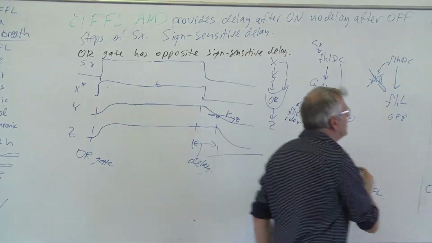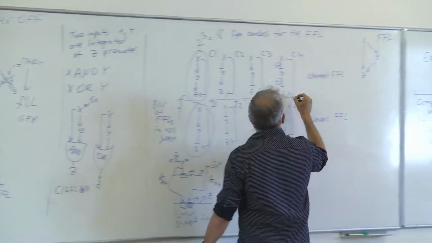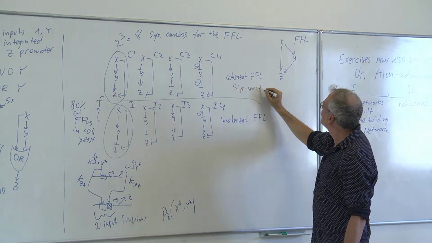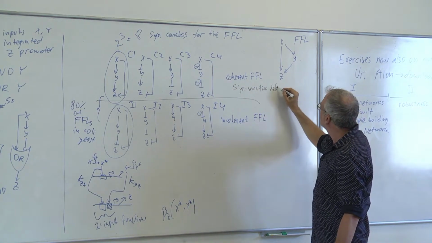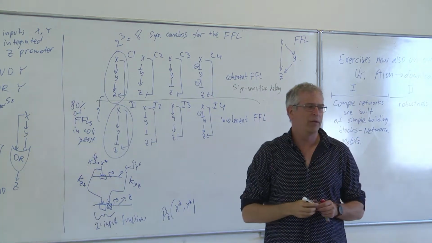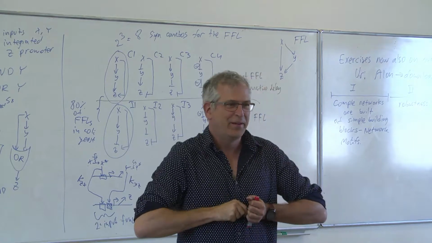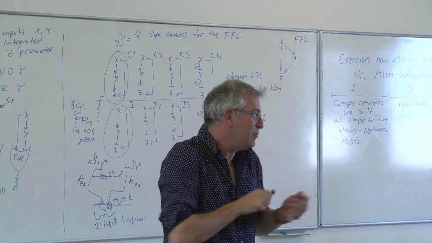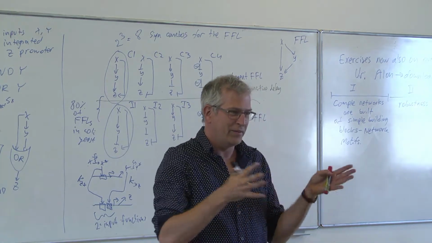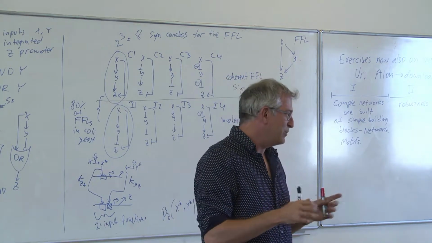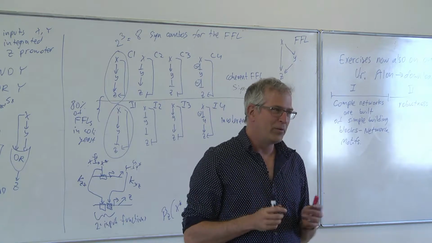And I want to tell you that all these 4 coherent FFLs have some kind of sign-sensitive delay. Either after on or after off, or it could be things that are a little bit different, but they all have it. Leaving open the question, why is the coherent type 1 feed-forward loop so special that it's much more common than the other ones? And I don't know the answer to that. I mean, I have some clues, but that's kind of an open question.